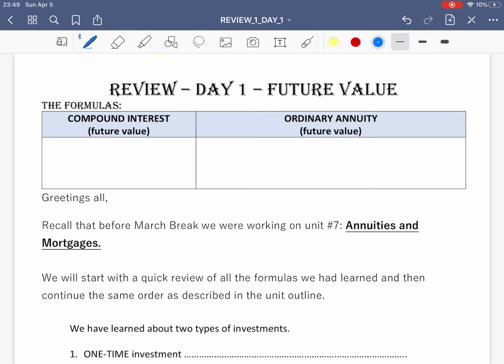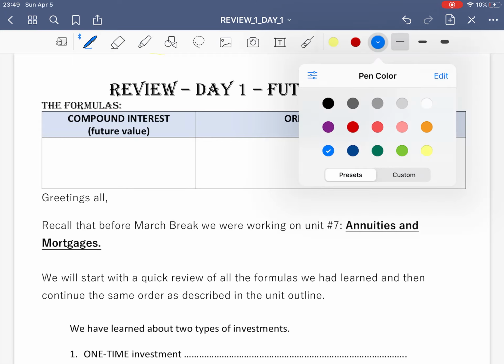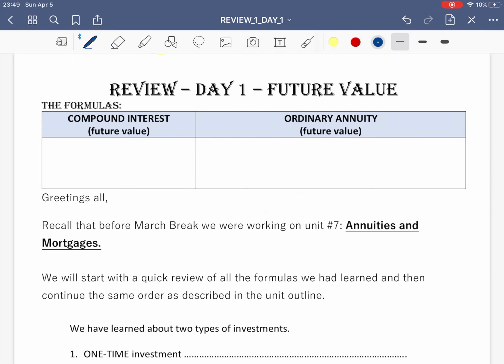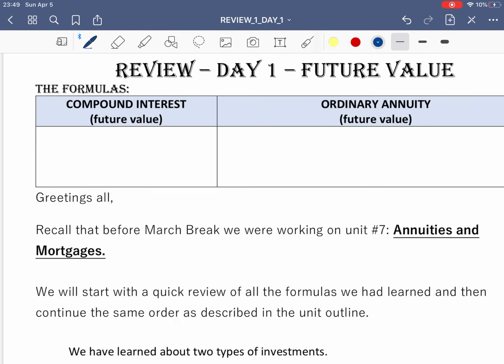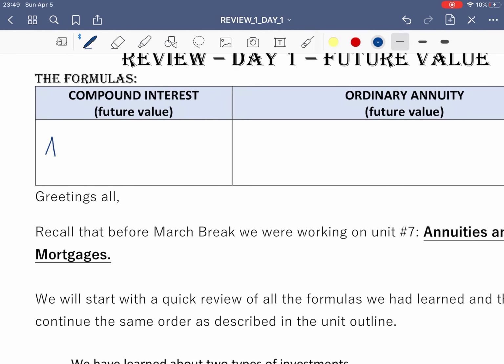We're going to talk about compound interest and ordinary annuity to start with. And the formula for compound interest, we're talking about future value, is A equals P(1 plus i) to the power of n.